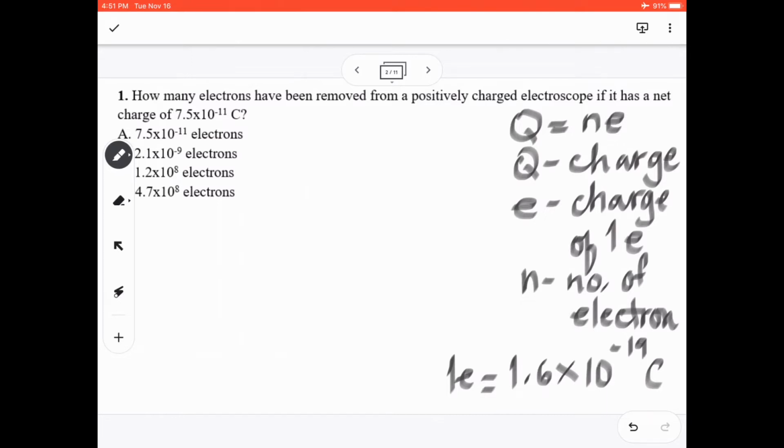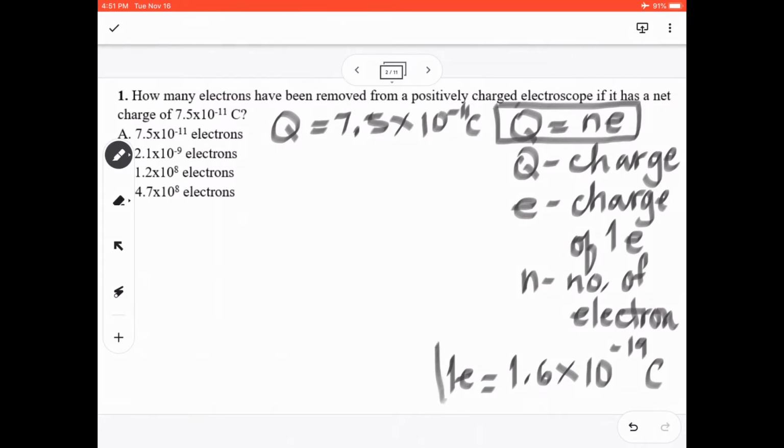So applying the formula, Q is equal to N times E, where Q is given as 7.5 times 10 raised to negative 11 coulombs, and the charge of one electron is this one.